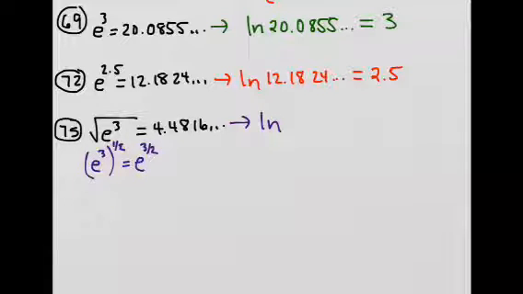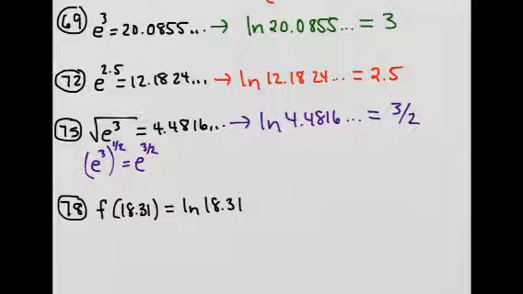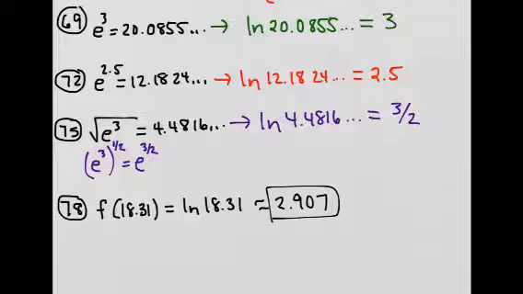So when I write natural log of 4.4816... that equals the exponent, which is 3/2, or 1.5. So for 78, you just punch it in the calculator, natural log of 18.31, and that gives you approximately 2.907, rounded to 3 decimal places, so that would be the answer right there.